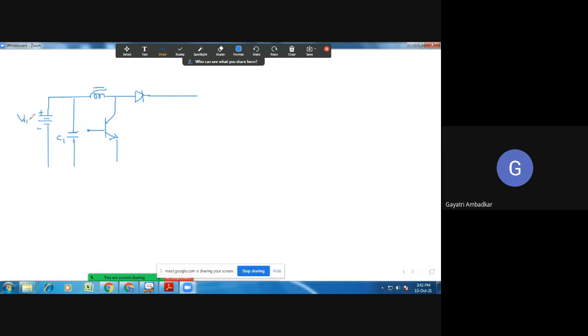Then in the boost converter, the switch, which is nothing but your transistor, is connected in parallel. So Q1 appears in parallel. This is your Q1. This is your diode D1. This is inductor L. Okay, and then you have a second capacitor connected here.